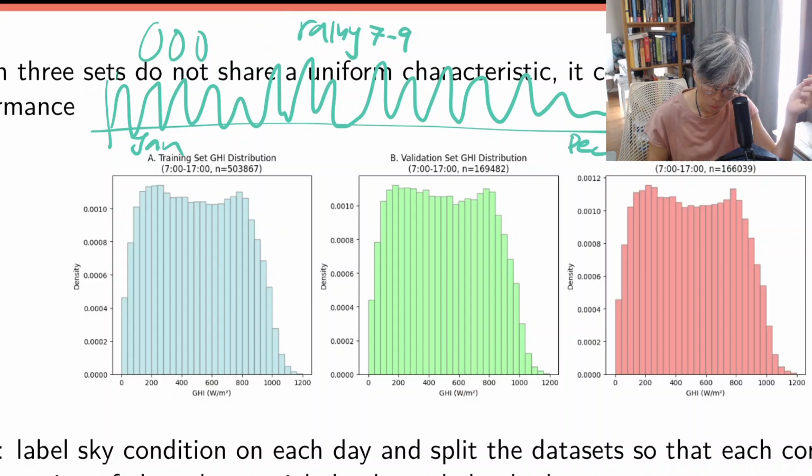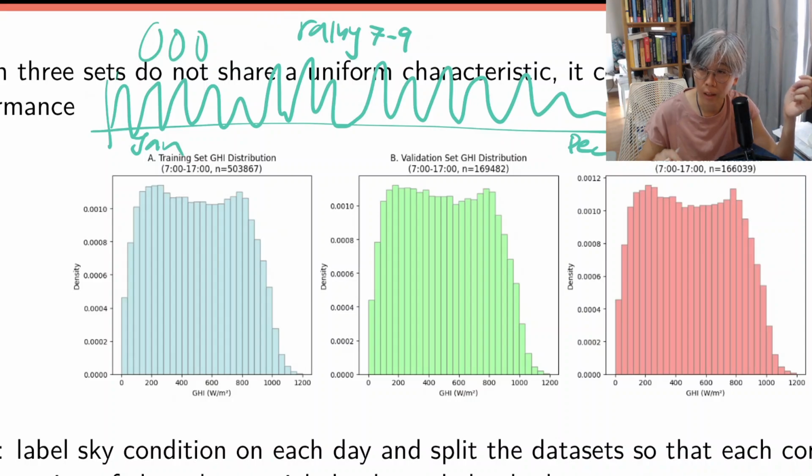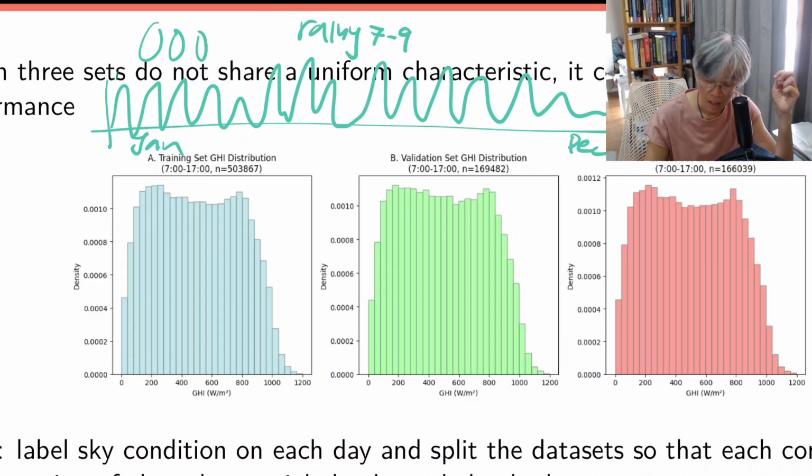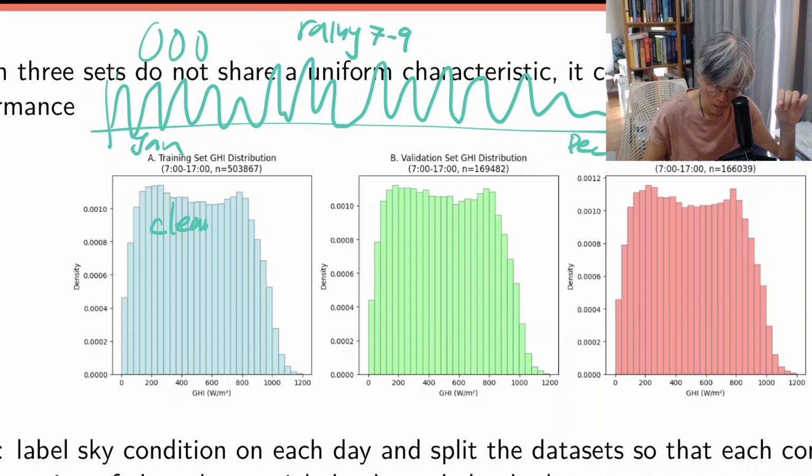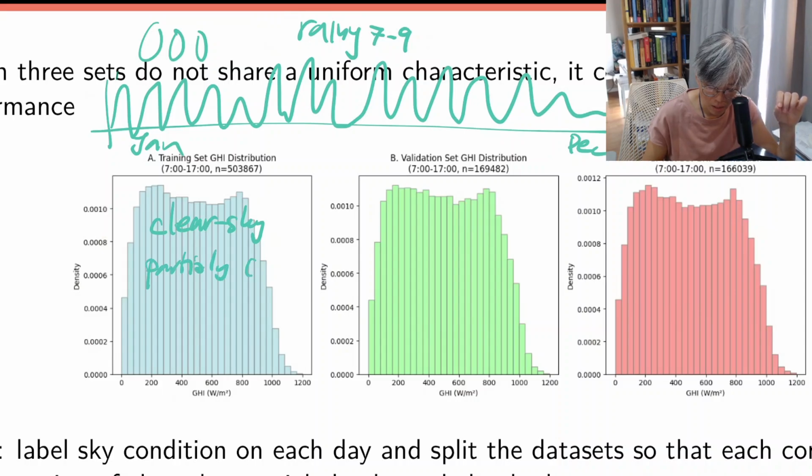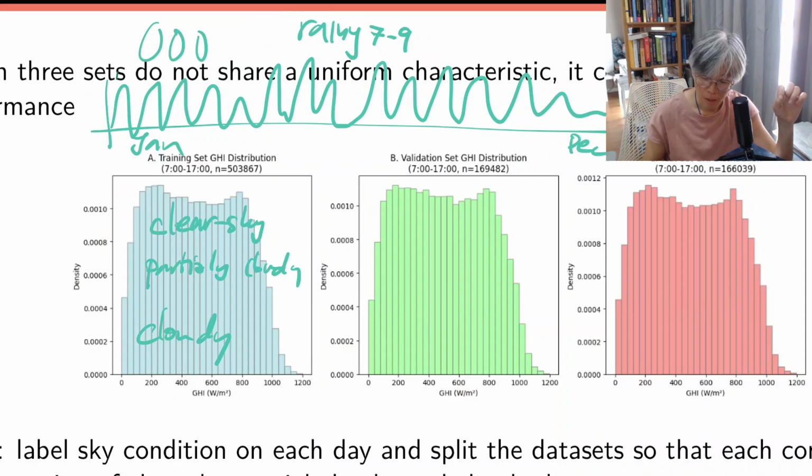So that's why, according to this experiment, we just shuffle the days, each day in the data set, according to the sky condition and make sure that each data set contains the same amount of clear sky days, partially cloudy days, and cloudy days.